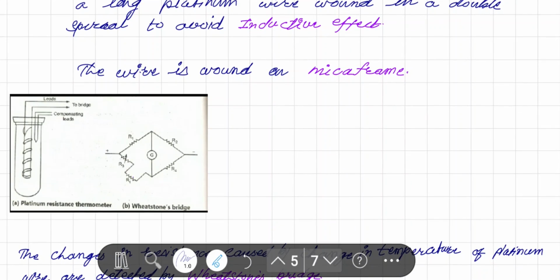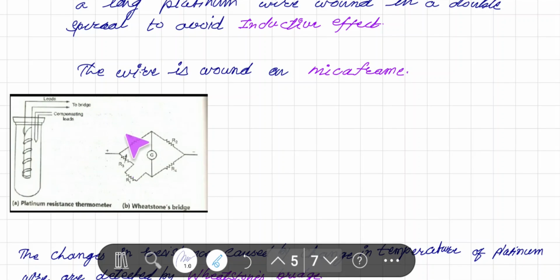Here it is shown that this is the platinum resistance thermometer, and the platinum element is wound on the particular core, and the two connections of the platinum resistance wire are connected to a bridge.